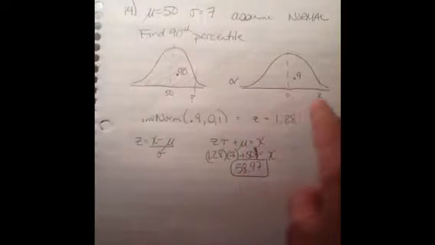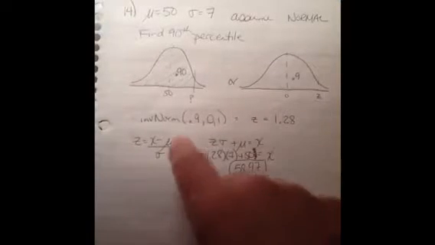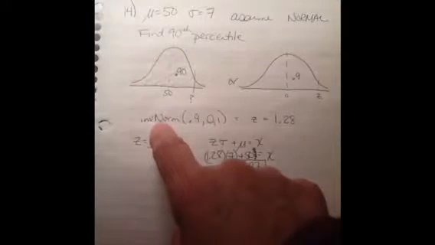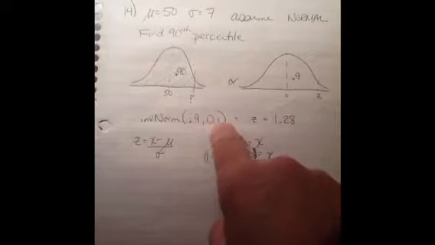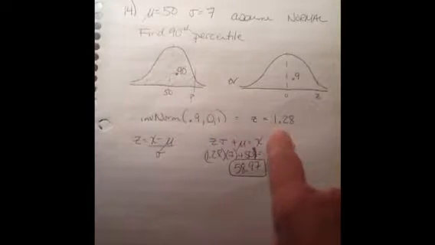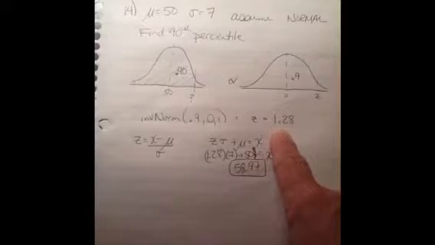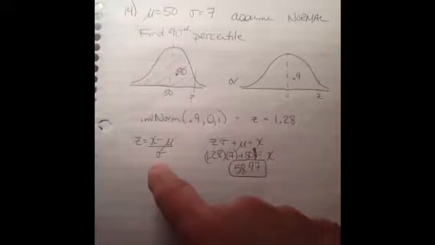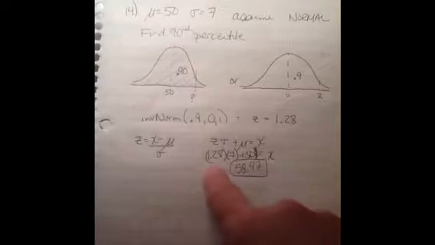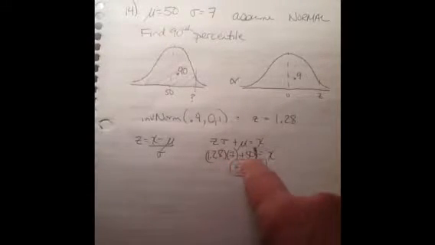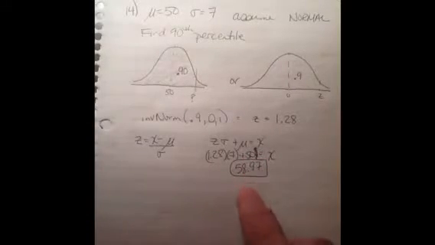Or I can look at it as finding the z-score. Now if I use the inverse norm with 0.9, 0, and 1, I would get the z-score to be 1.28. And then I would rearrange this and find x. Here's my z-score times my standard deviation, plus my mean, to get my x value, which is roughly 59.